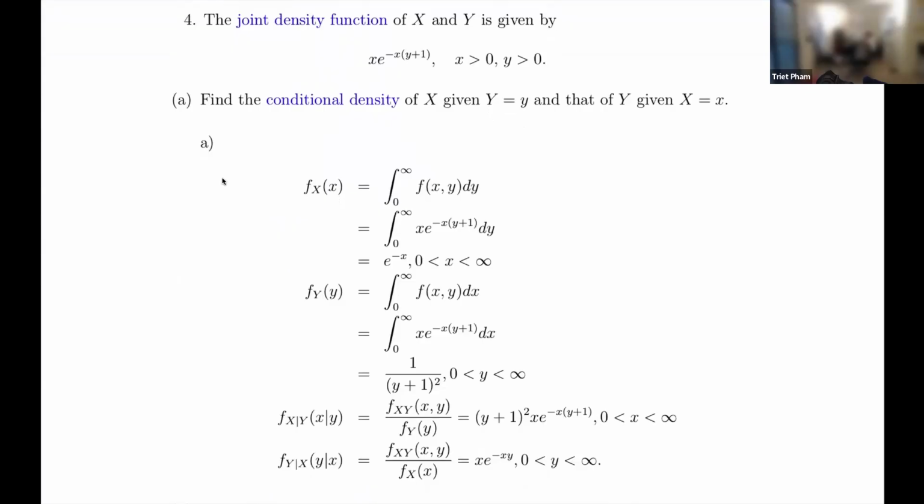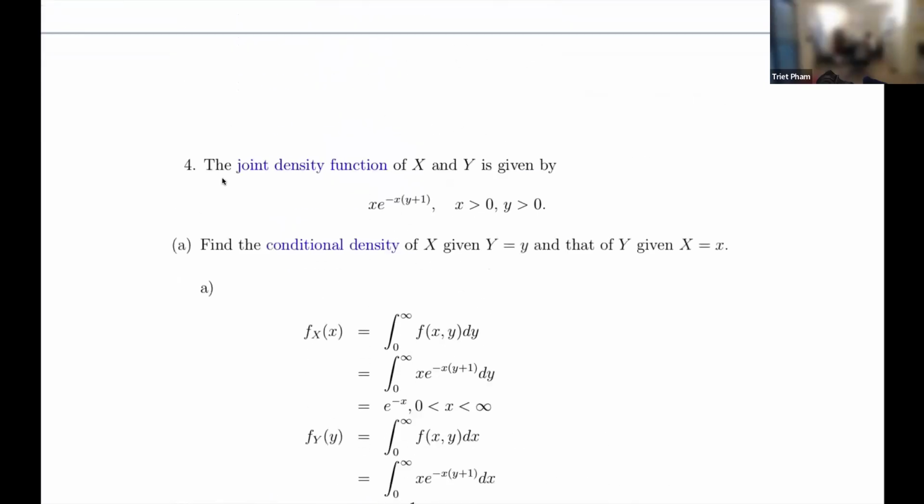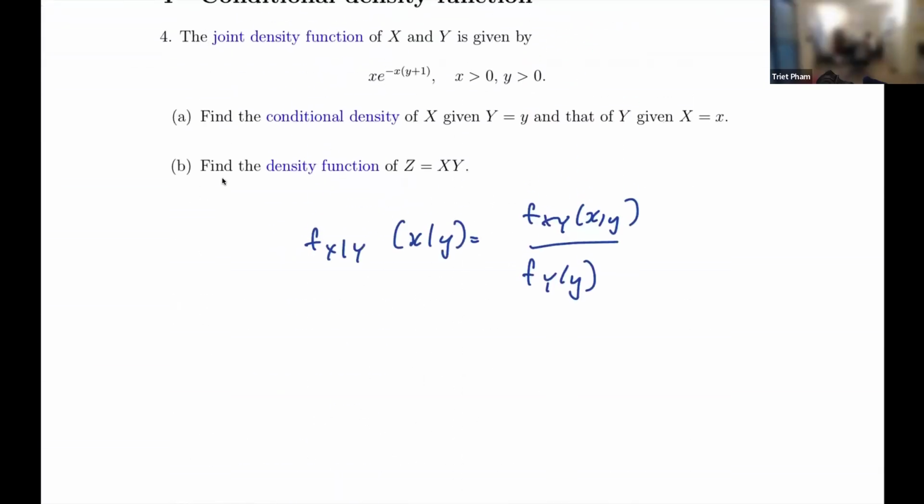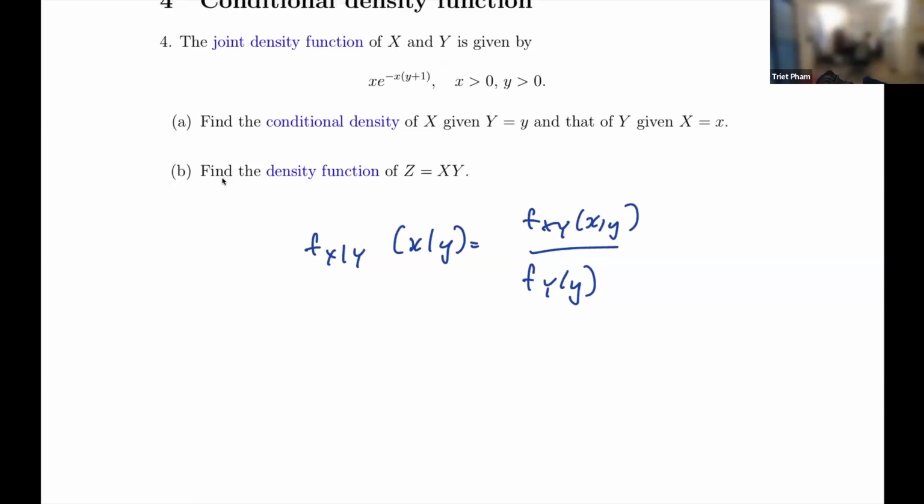Now, where this problem could be interesting is part B, where you're asked to find the density of the product. So how do you find the density of the product? Well, you either integrate the joint.